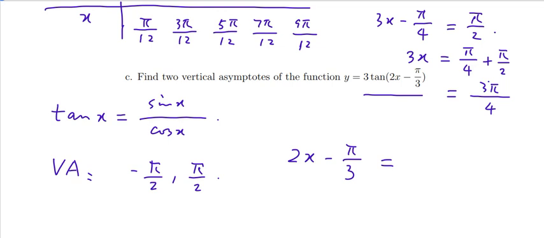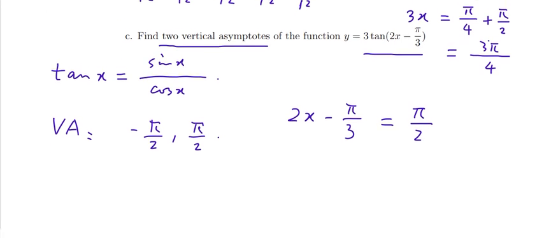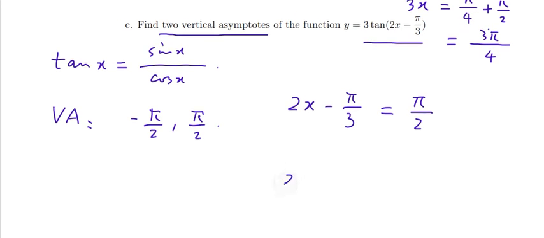So we find 2 vertical asymptotes. We just use pi over 2 or negative pi over 2. So vertical asymptote brings this equal to pi over 2, or brings this equal to negative pi over 2, right? So those are 2 vertical asymptotes.